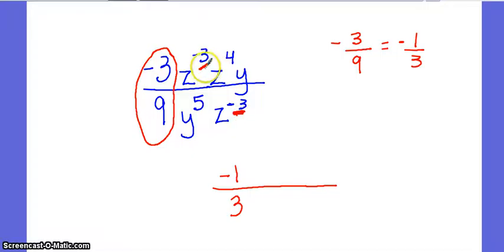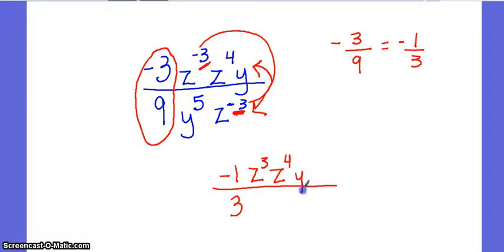Okay, so these two are going to be flipped. You're going to take this, put it on the bottom. You're going to take this one, put it on the top. Now, in this case, they both have the same variable, but it's still going to be z^3, and then you still have z^4 y, and then down here you're going to have y^5 z^3.